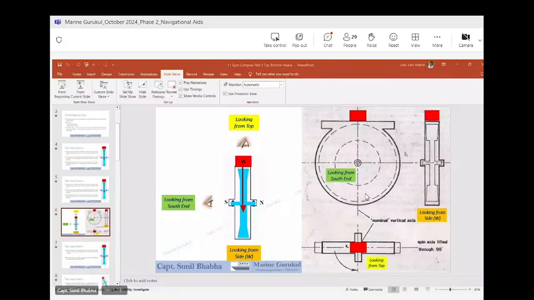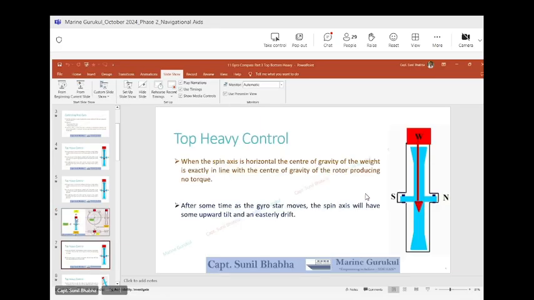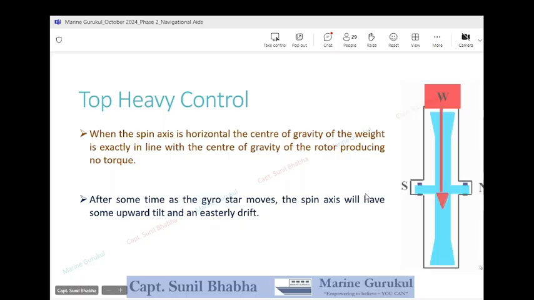Okay, all right. So let's see now, we have seen how the weight is fitted on top of the casing. Let's now move ahead. Now when the spin axis is horizontal, the center of gravity of the attached weight is exactly in line with the center of gravity of the rotor, thus producing no torque at all.